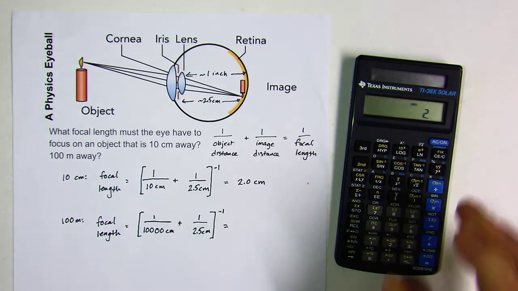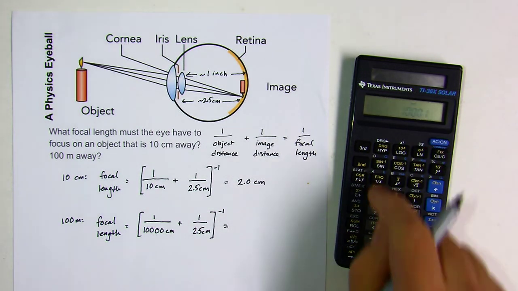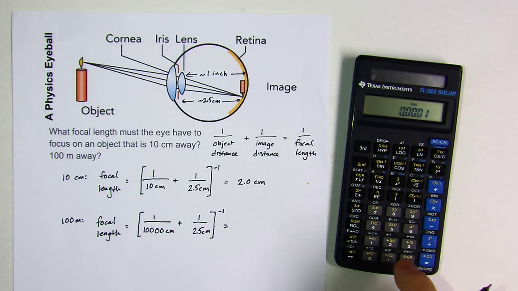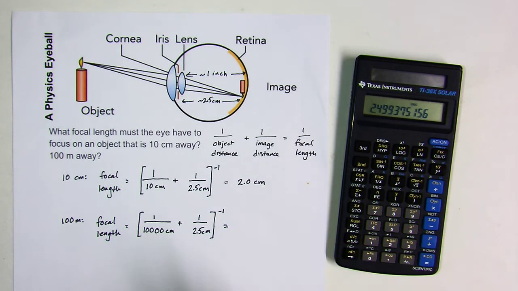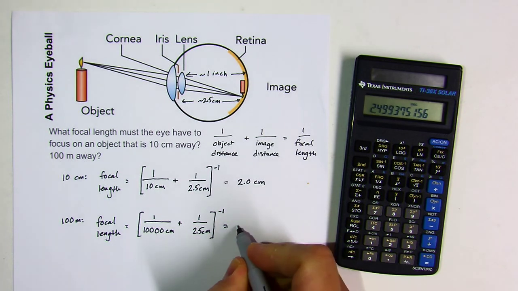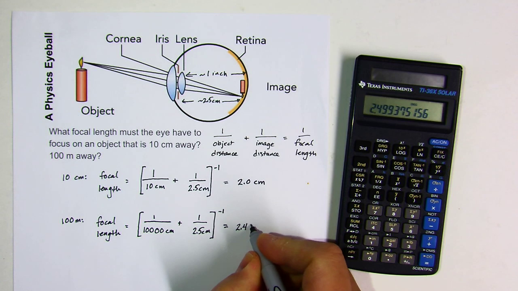Take the inverse of all of that. So inverse of 10,000, very small number. Inverse of 2.5, comparatively big number. And you'll notice that it is very close to the 2.5 centimeter image distance there.